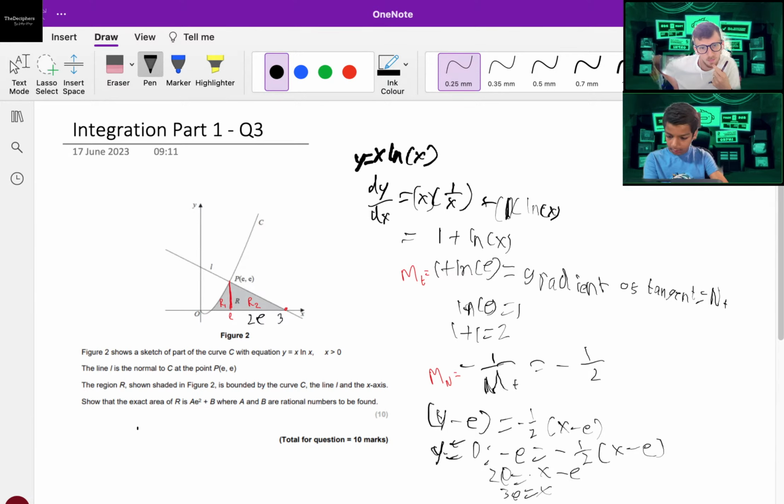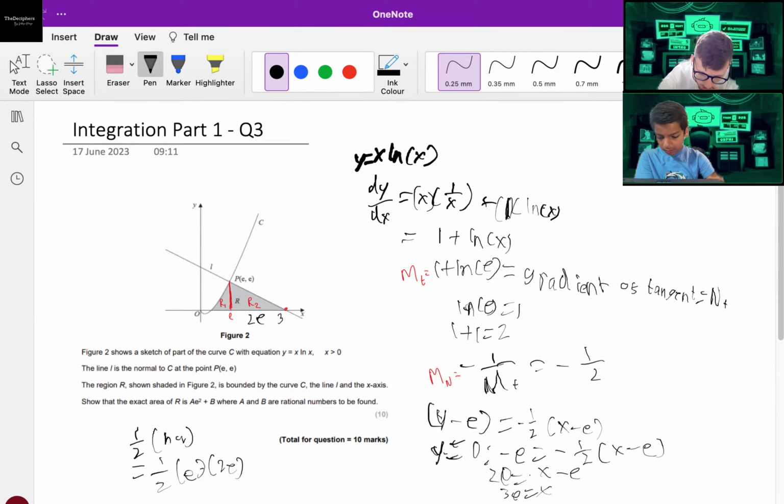It's just half times the height and the width, which is half e times 2e, which is e squared. Brilliant, and that's R2, isn't it? So let's put that R2.